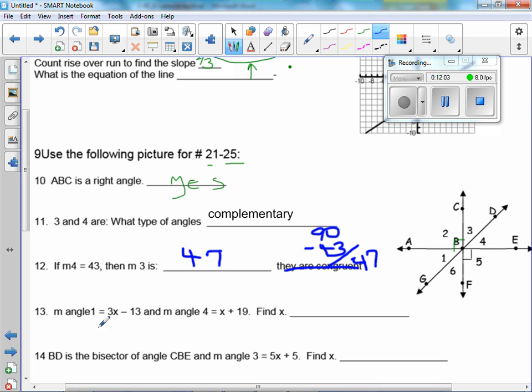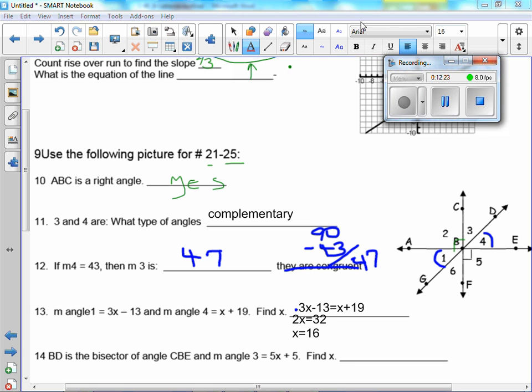Okay, so looking at 13, the measure of angle 1 here is 3x minus 13, and the measure of angle 4 is x plus 19. So these are what?